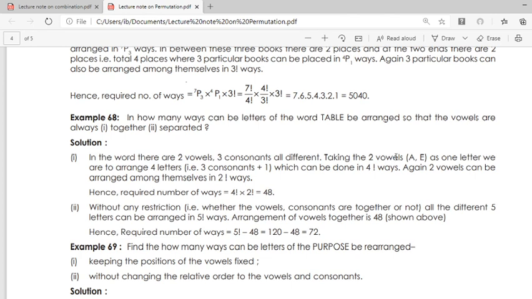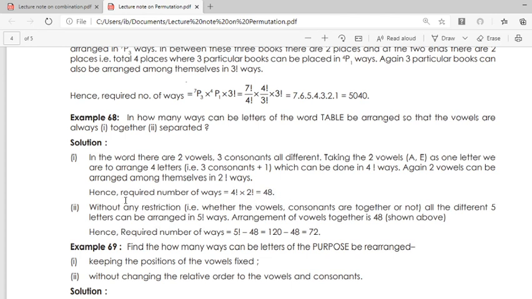If you take the 2 vowels as 1 letter, you'll be left with arranging 4 letters because there are 3 consonants. So, in how many ways can the letters of table be arranged when the vowels are together? It will be 4 factorial times 2 factorial.